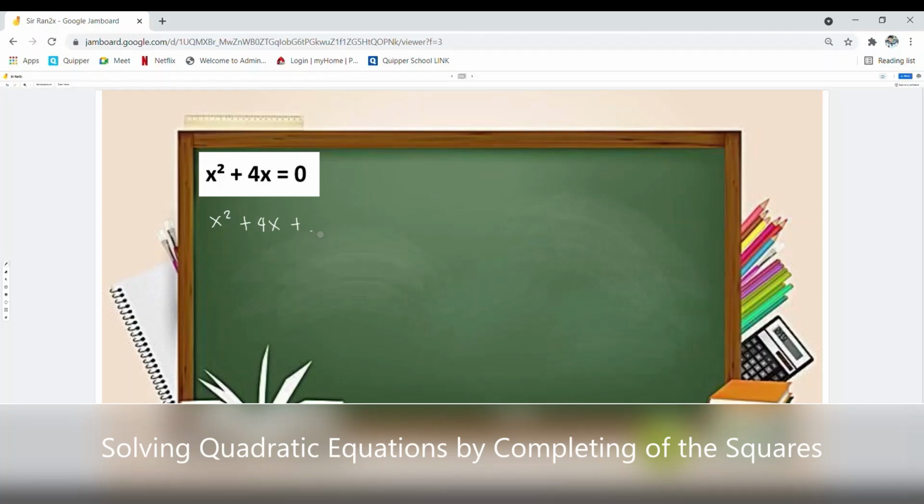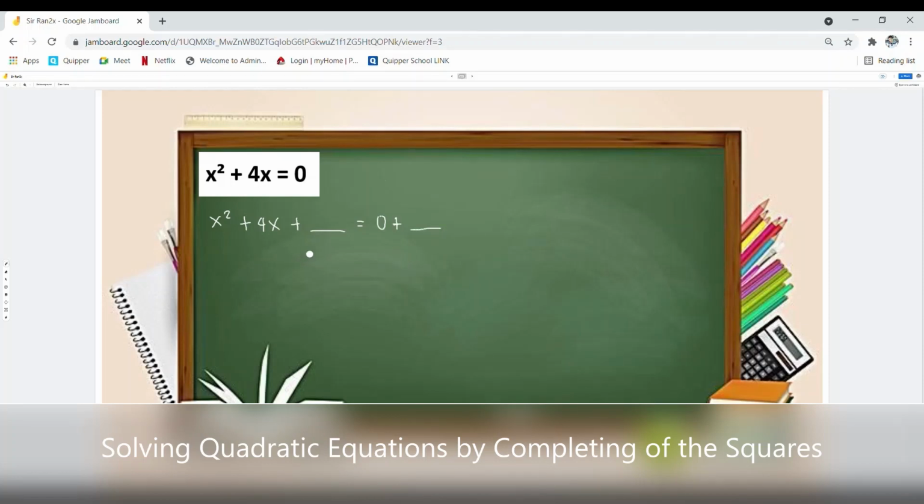So maybe you will place a blank, then copy the equal sign 0, and whatever is your third term here that makes your expression a trinomial is what you're going to add also in the left side. Always add, okay, to conserve the equation.